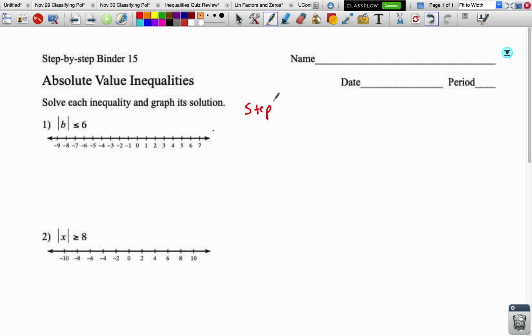Step 1, we need to isolate the absolute value. And we do this using inverse operations and the balancing method.